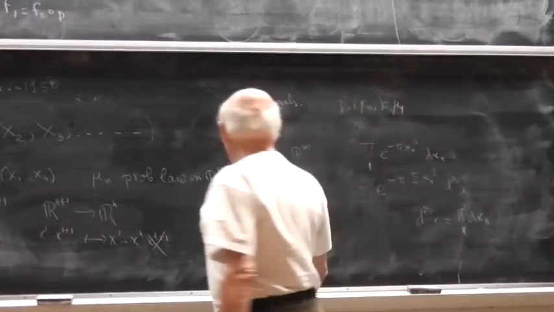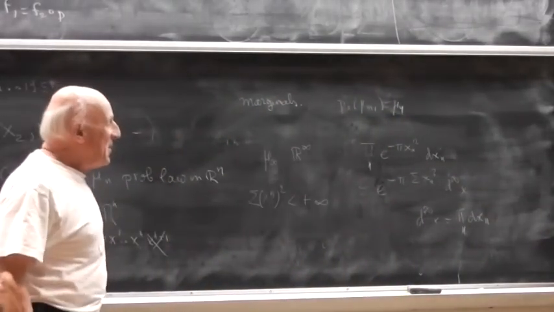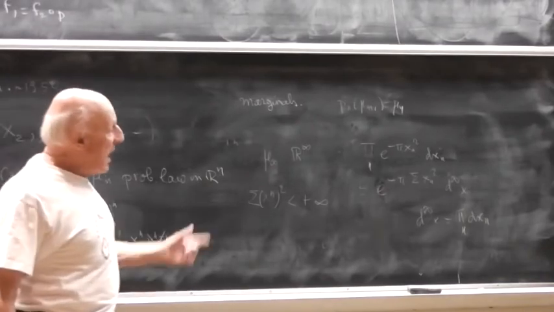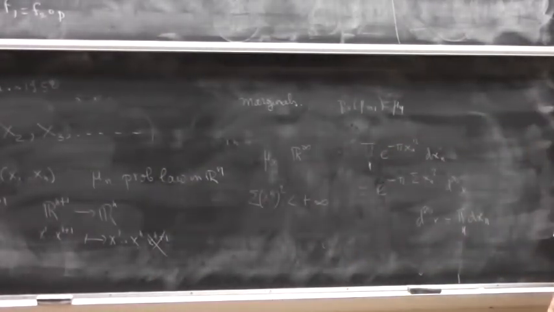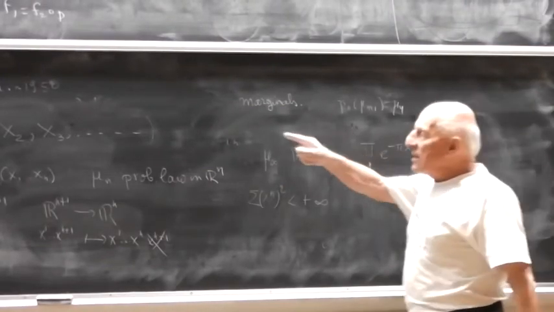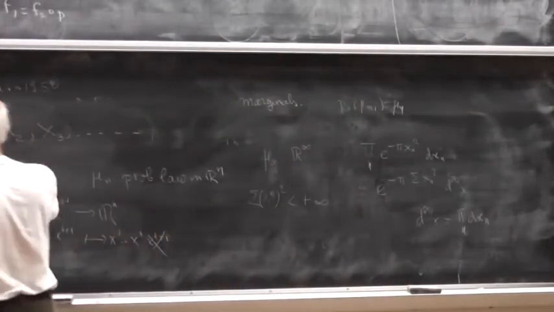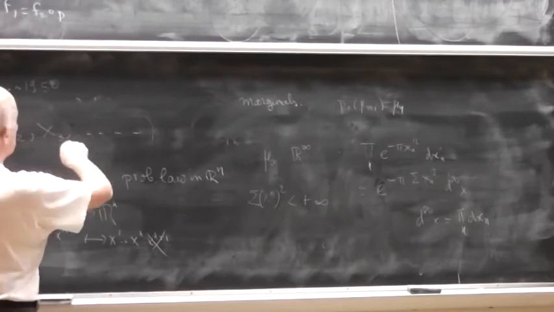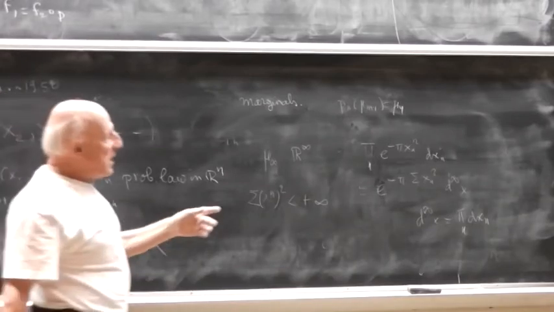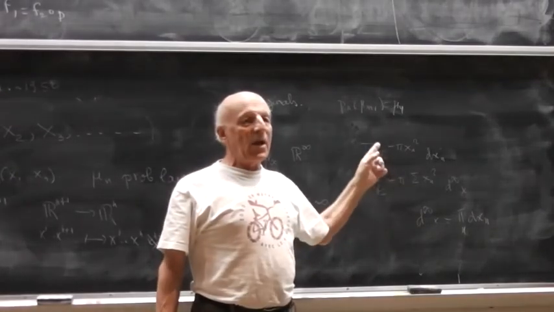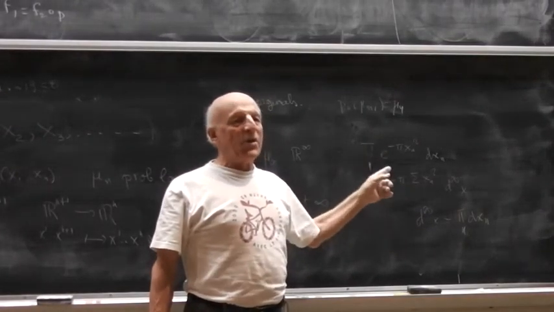Well, but the difficulty is that it was known to Paul Levy already that if you take an infinite sequence of independent random variables, each following a normalized Gaussian law, then the sum of xn squared is almost everywhere plus infinity.